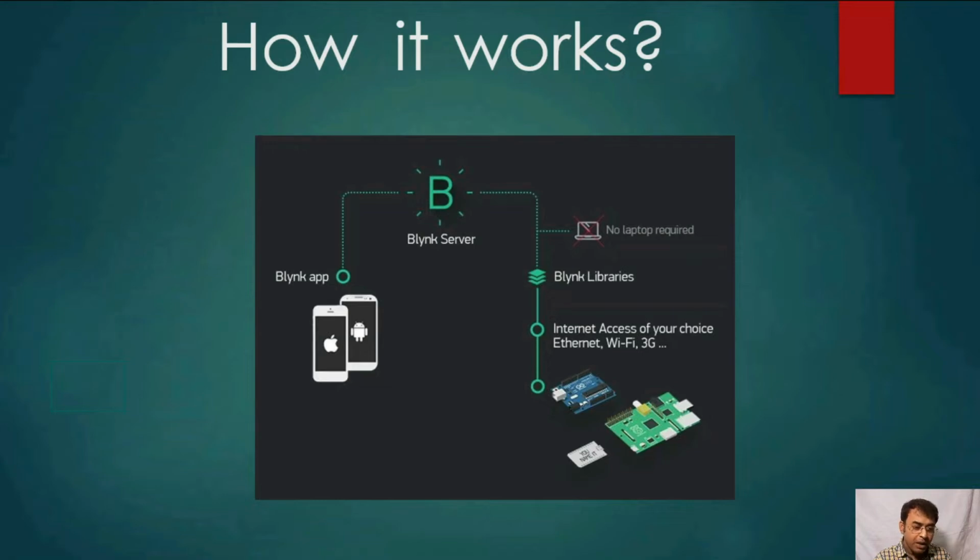And the Blynk server will connect to your Blynk app which is in your mobile phone. And now we can control your device remotely by using the Blynk app. But you have to use the Blynk libraries whenever you write a program for this particular device like Arduino or Raspberry Pi or NodeMCU, whatever be the device. That is the basic mechanism.